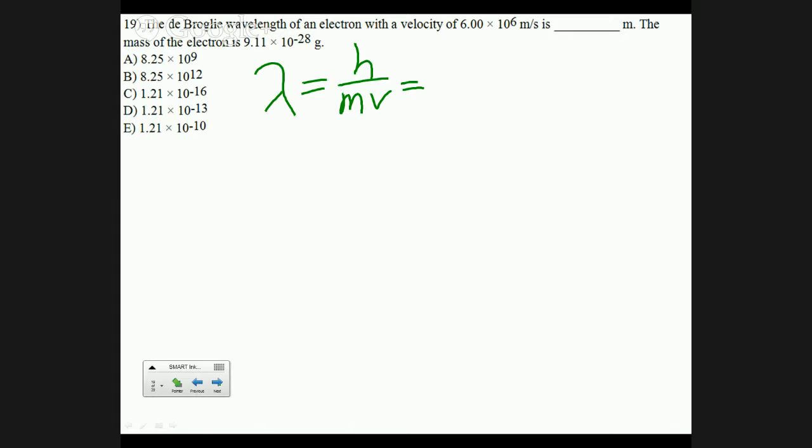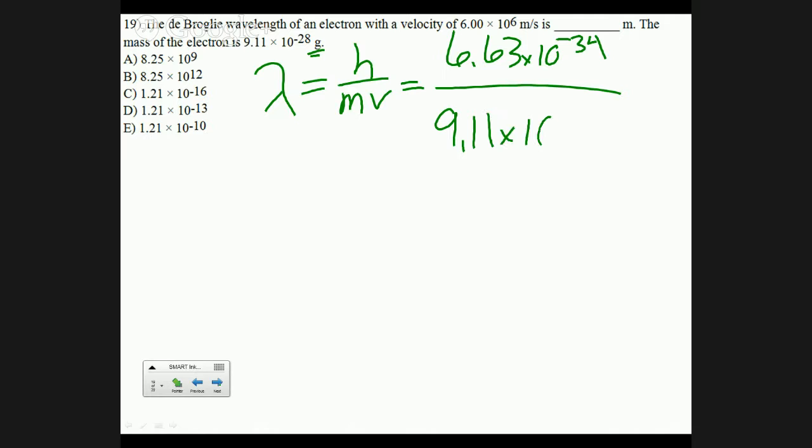Well, H is 6.63 times 10 to the negative 34, all over the mass of an electron, but they gave it to us in grams. So we're going to have 9.11 times 10 to the negative 31 kilograms. It's going to be even smaller than that if we're talking about kilograms, so I just converted grams to kilograms there.